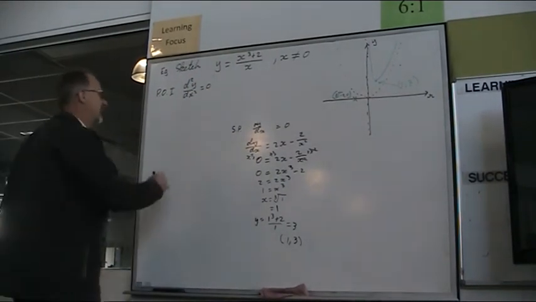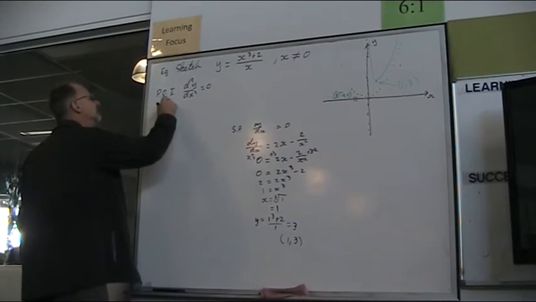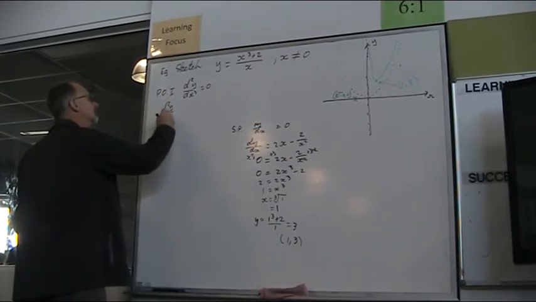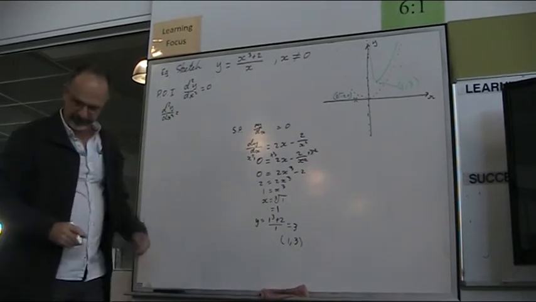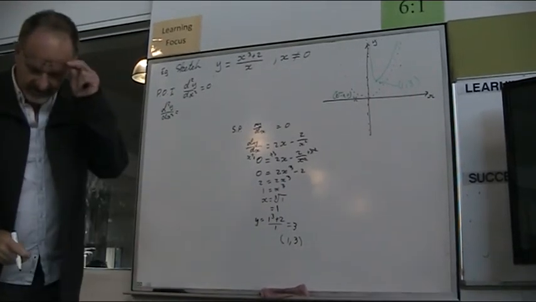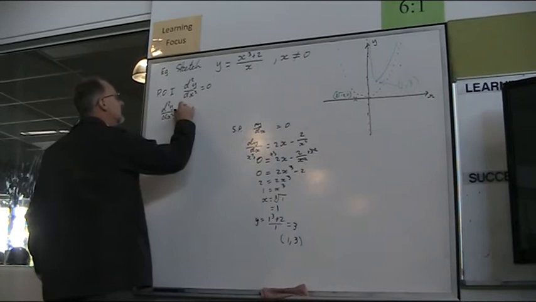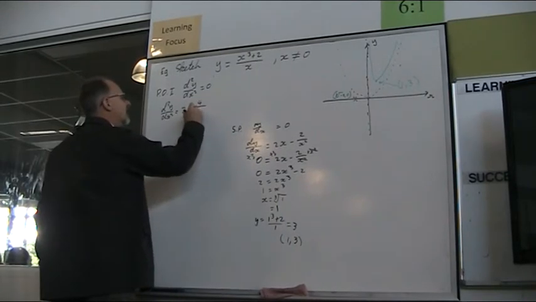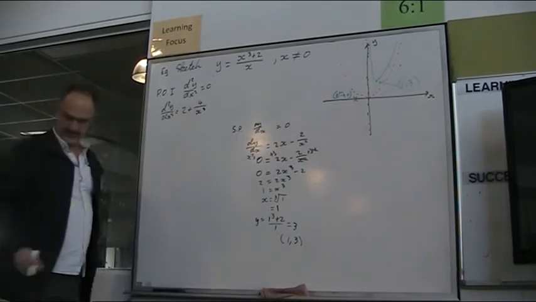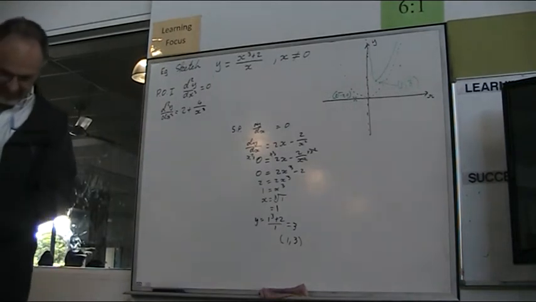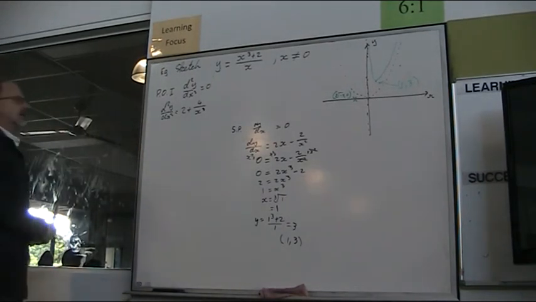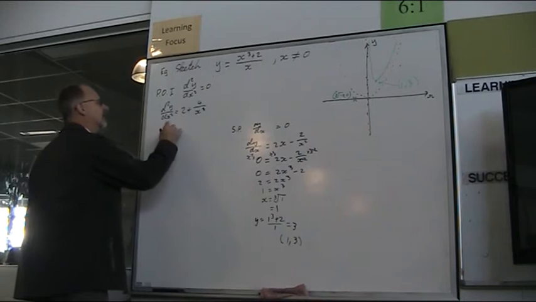And because I've prepared one earlier, the second derivative is 2 plus 4 on x cubed. Make that equal to 0.